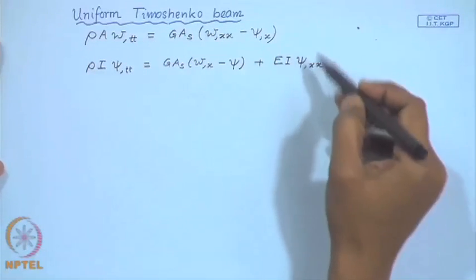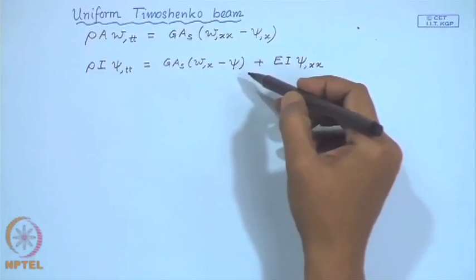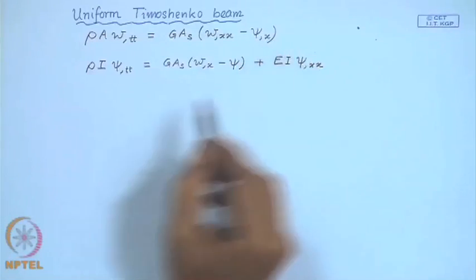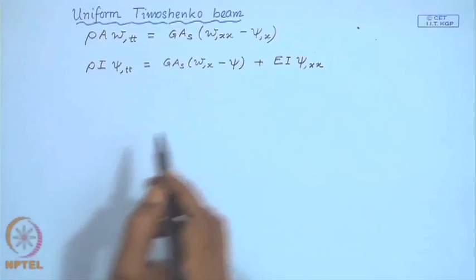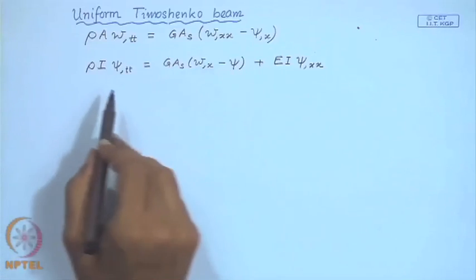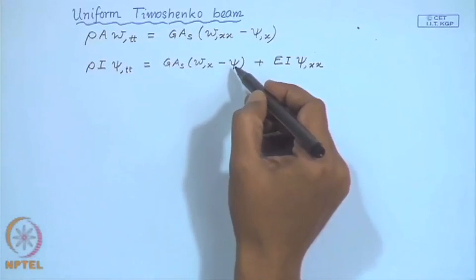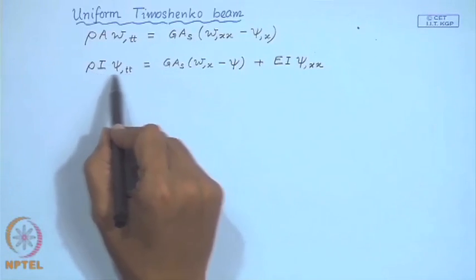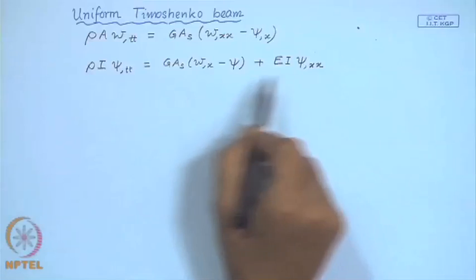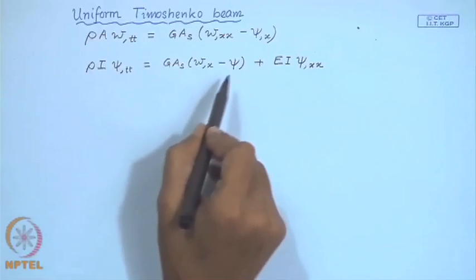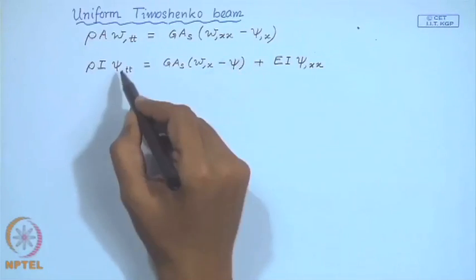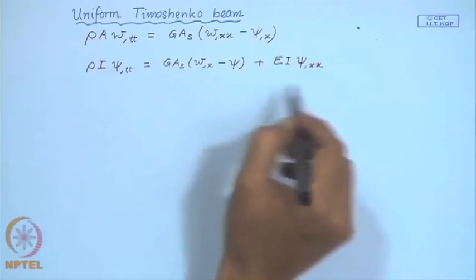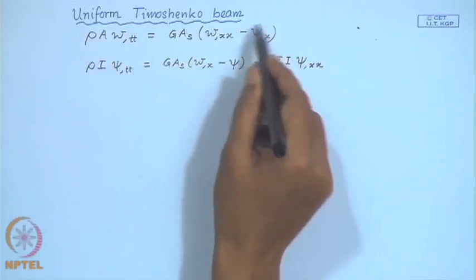Now, it is possible to eliminate psi between these two equations to obtain a single equation in w, and to do that, if you differentiate this equation with respect to x, you will have del psi del x in this equation, and del psi del x can be solved from here.